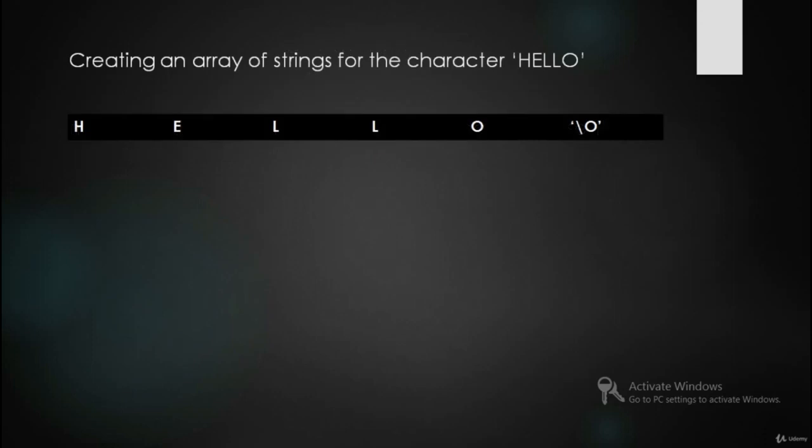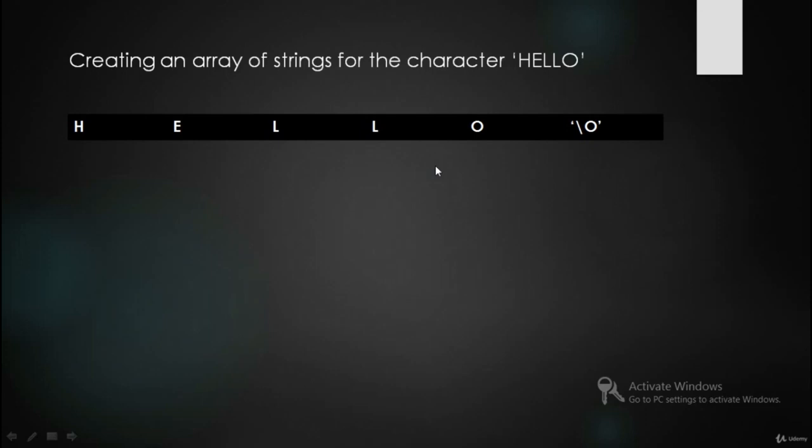So for instance, when you are creating an array of characters for the string hello, we have an array of size 6. So let's count them and see. We have 1, 2, 3, 4, 5, and then 6. This is the null terminator which terminates this string.